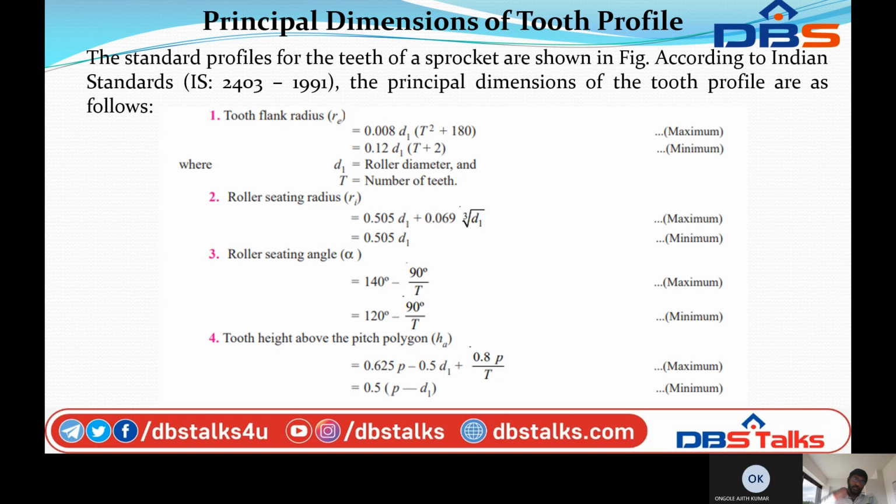The first one is tooth flank radius RE, which is equal to 0.008 D1 (T squared plus 180) for maximum, and 0.12 D1 (T plus 2) for minimum, where D1 is the roller diameter and T is the number of teeth.